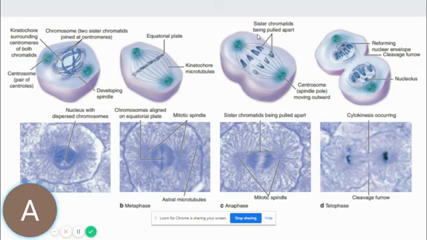Then anaphase, where the sister chromatids are being pulled apart, and during telophase, there is reforming of the nuclear envelope and a cleavage, so that one mother cell produces two daughter cells with equal amounts of genetic material, each with its own molecular machinery and command center, as we discussed earlier, which is the nucleus, to ensure that both daughter cells can survive and function properly.